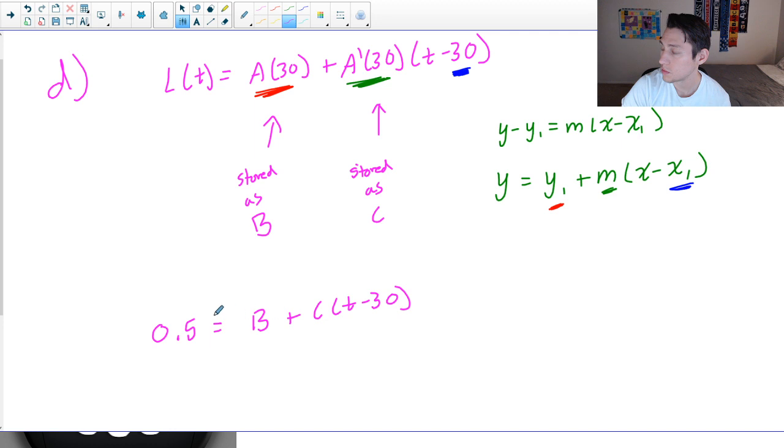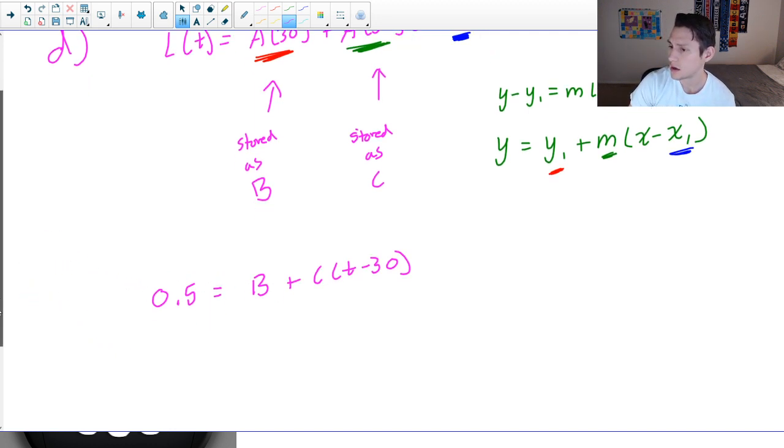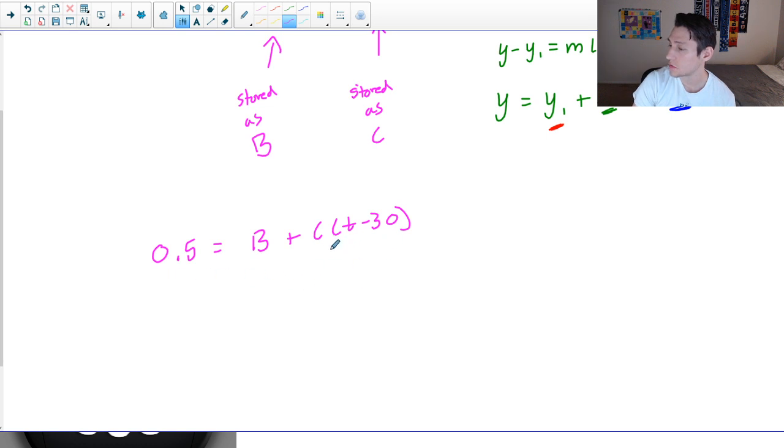I want to know what the time is, solving for time. Let's just solve for t, but with these variables. First I would subtract B from both sides. Next, divide both sides by C.